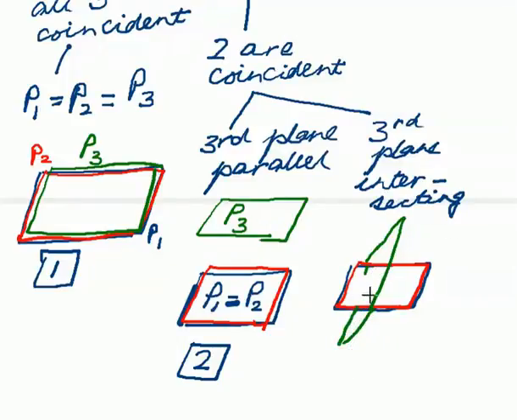I have not drawn this very well, but schematically it is correct. So you have P1 and P2, which are defined with the same equation, and P3 intersects P1, P2. Correct? This is the third situation.